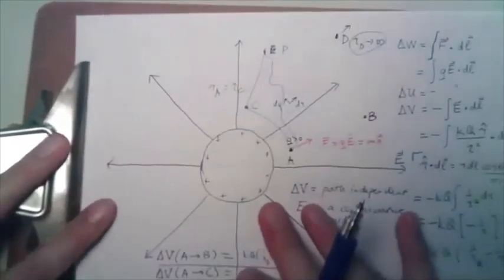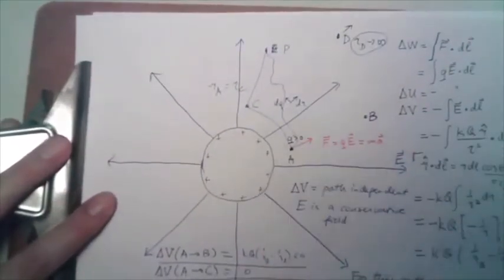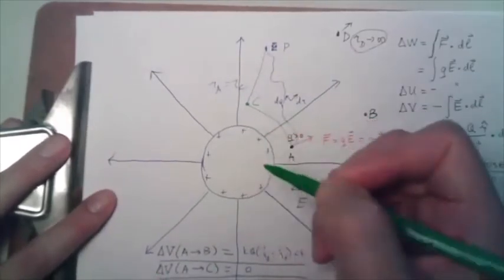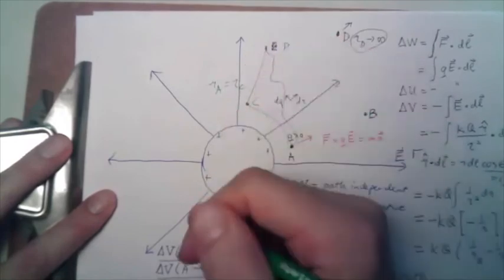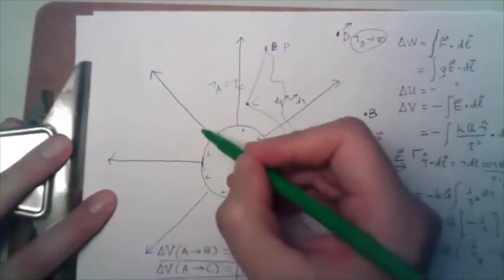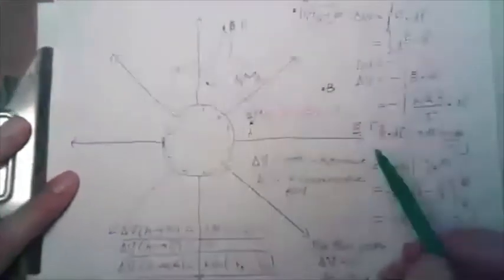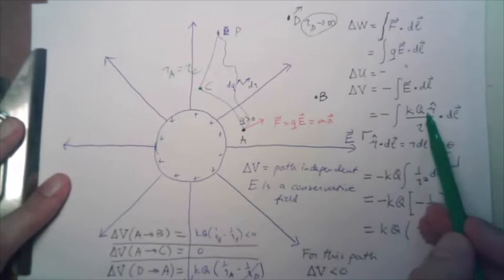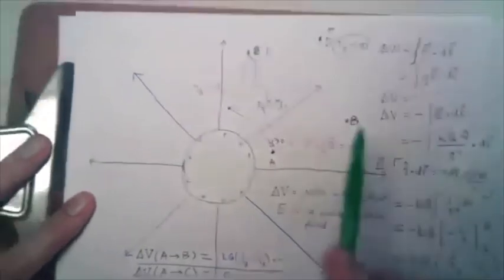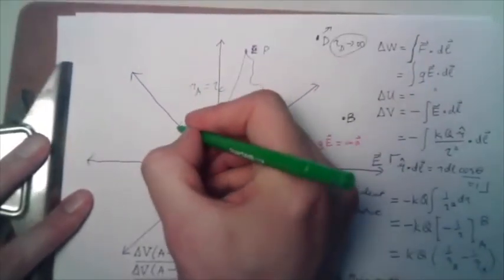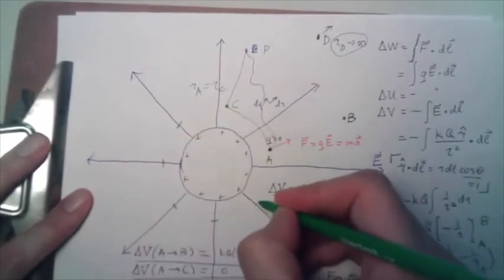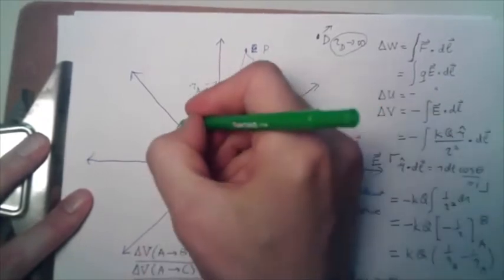Now, one thing I did not do yet is draw the equipotentials. The equipotentials will be collections of points in space that are all at the same potential. And we know that the potential does not change if you're moving in a path, dl, that is perpendicular to the electric field lines. So in other words, it looks just like this. It's a collection of points that are all at the same distance.